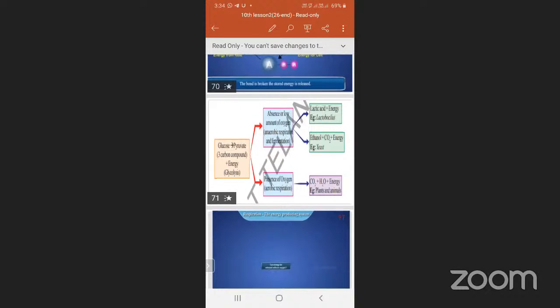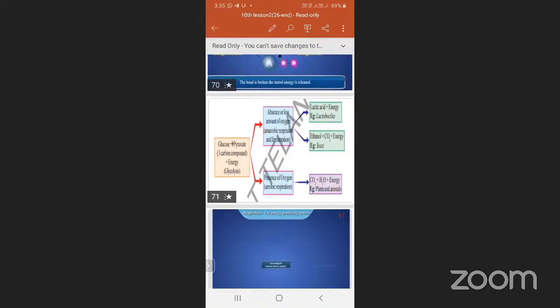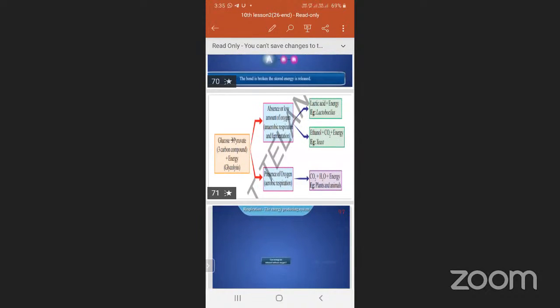Okay, the oxidation process occurs in two steps. In the first stage, it is converted into two molecules of pyruvic acid. In the second stage, if oxygen is available, then the pyruvic acid is oxidized to carbon dioxide and water.